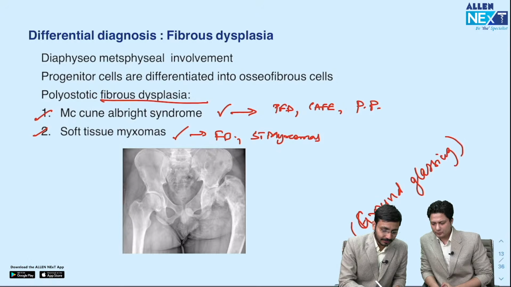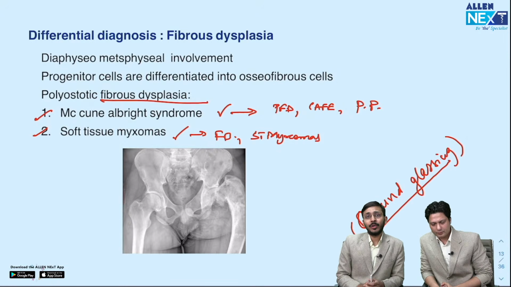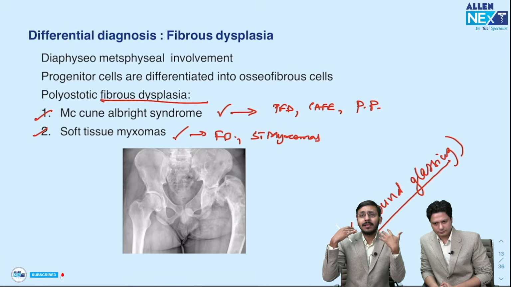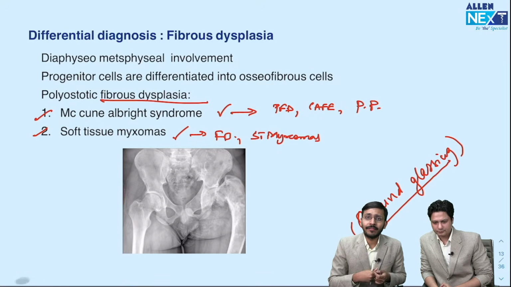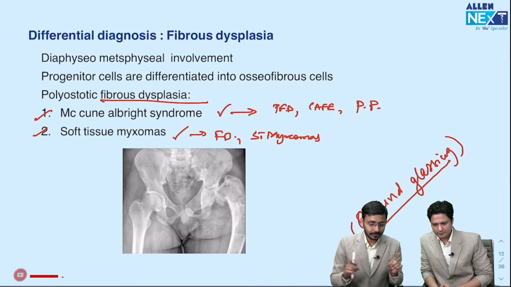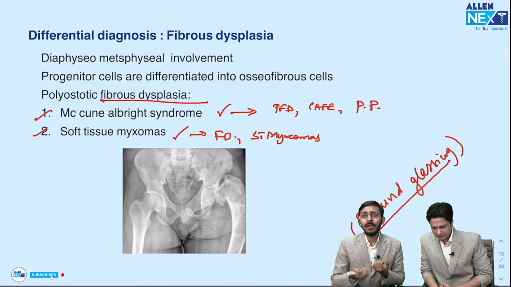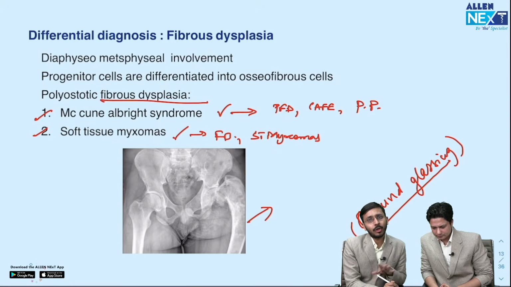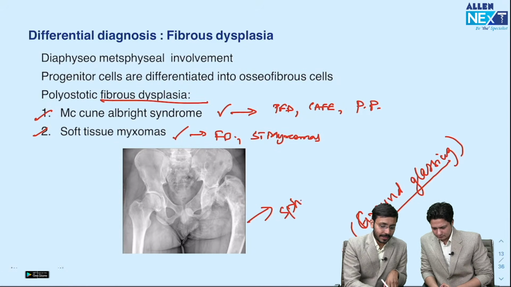And this is the buzzword which is sometimes given to you in the question also. They'll give you a CT of the head sometimes, and craniofacial fibrous dysplasia is also very common, especially in polyostotic types. So you will see the ground glassing of the bone first. Since the bone is abnormal, it is tilted and deformed, so the femur, which is the most common site of FD, gives a Shepherd crook deformity.